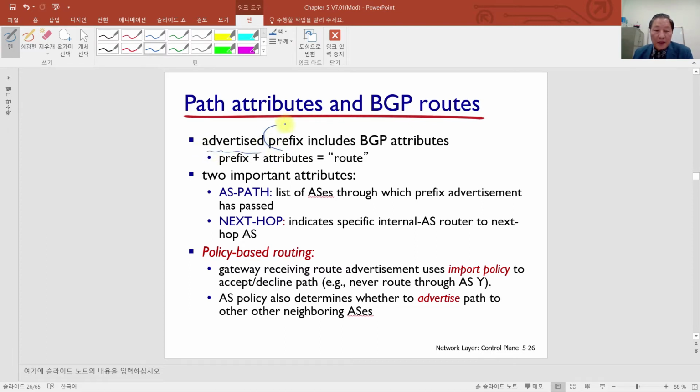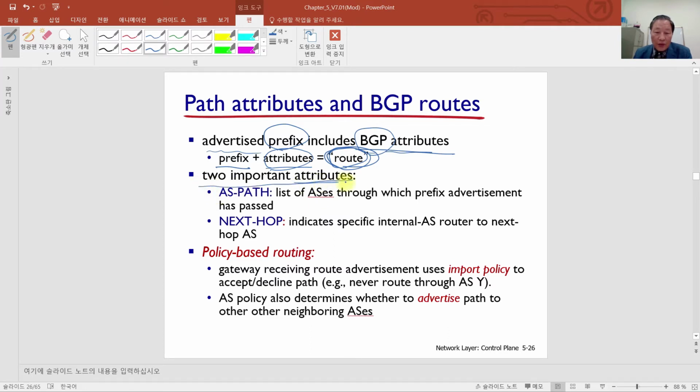Advertised prefix includes BGP attributes. Here, what is a BGP attribute? BGP attribute here, we look at this one. There are two important attributes, and the prefix and the BGP attributes are being used as a route.